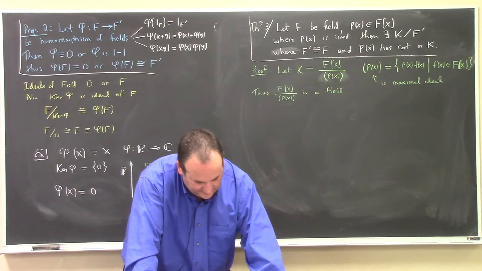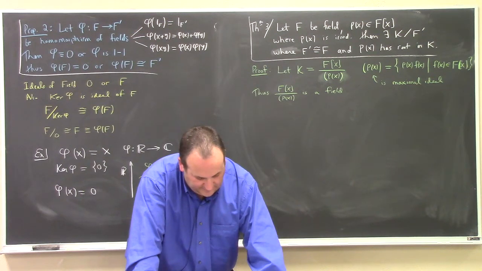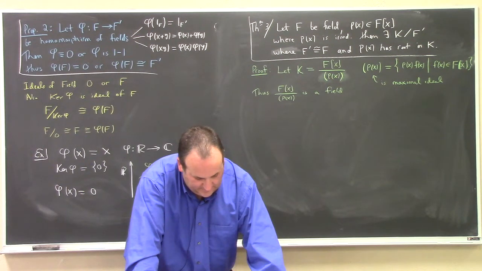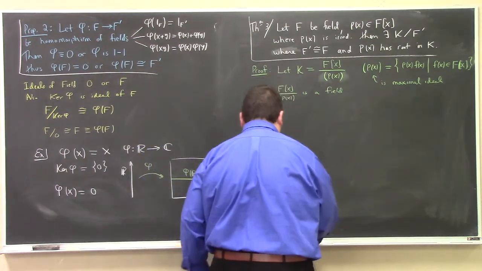And then what he says, and this maybe we didn't talk about, is that the canonical projection pi of F of x to the quotient restricted to F, which is a subset of F of x, gives a homomorphism. Well, let me write the words down and then we'll try to dissect them, okay?